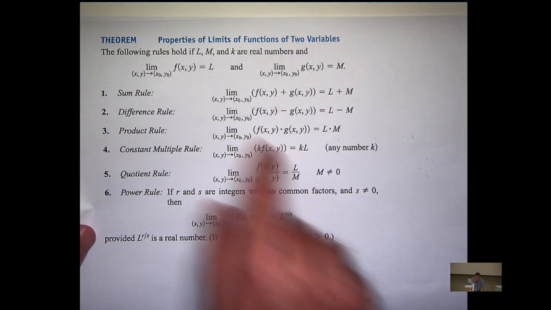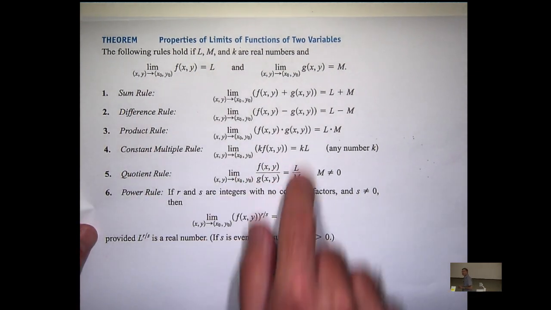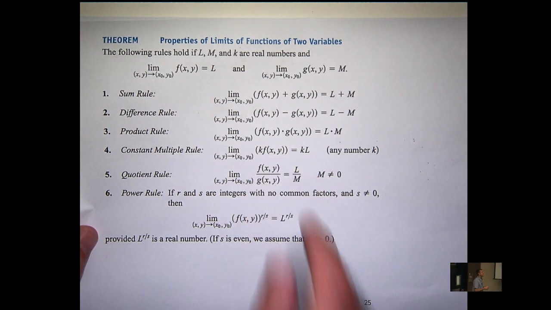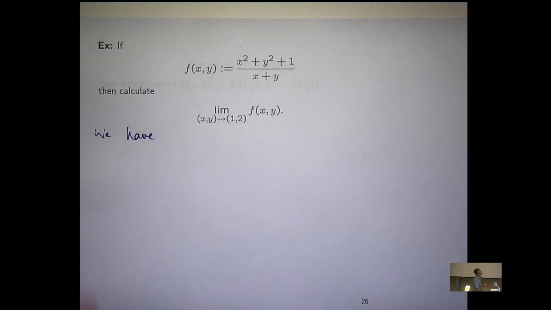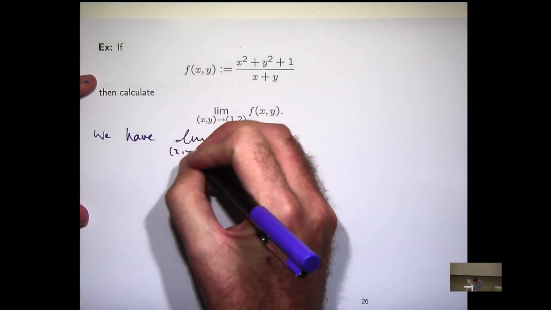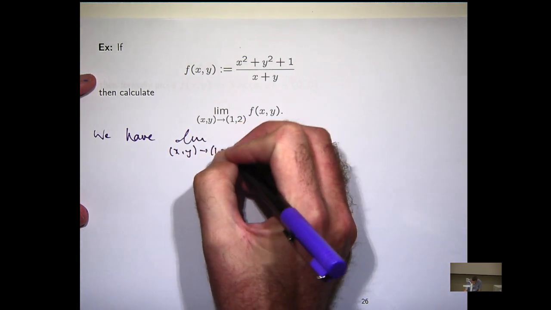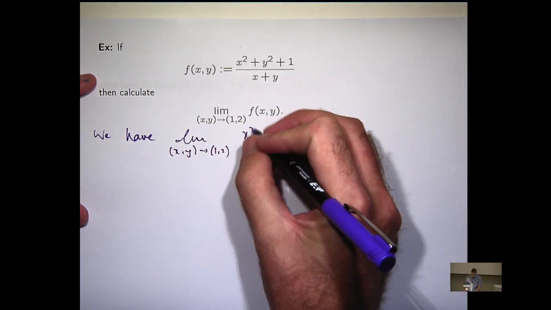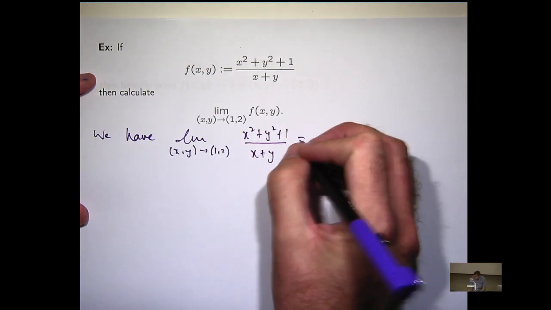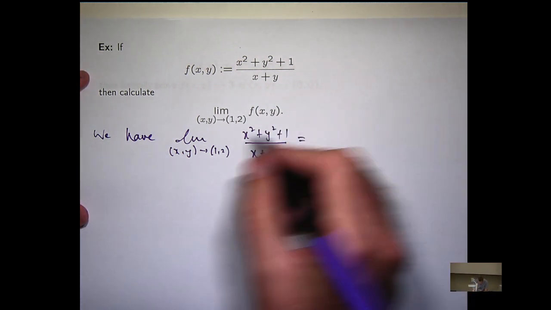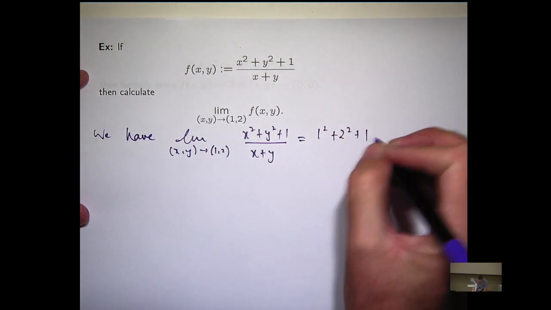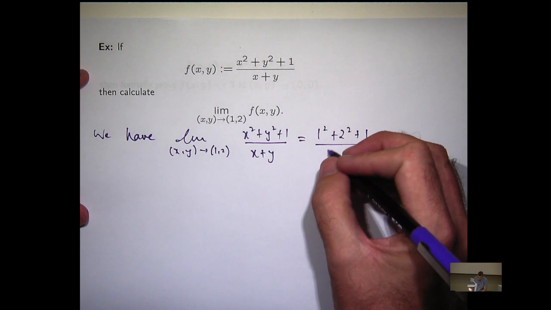If the limit of the top is L and the limit of the bottom is M, then I can just take the limit of the top, take the limit of the bottom, and I'll get the following. So the limit is going to be 1 squared plus 2 squared plus 1 over 1 plus 2.